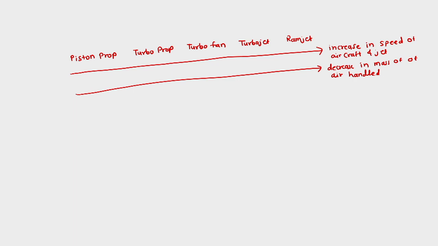So piston prop handles a large amount of mass, as does the turboprop. However, ramjet and turbojet would handle a lower amount of mass than the piston prop engine.